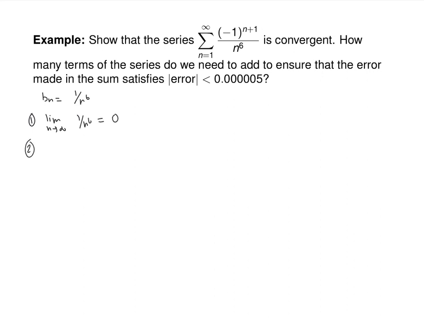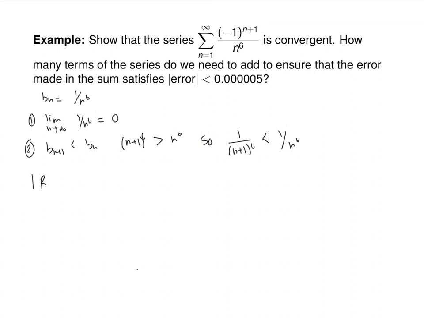The second thing is that you need to show Bn plus 1 is less than Bn. Well, n plus 1 to the 6th is bigger than n to the 6th. So 1 over n plus 1 to the 6th is less than 1 over n to the 6th. So we just established that. So therefore this series converges.